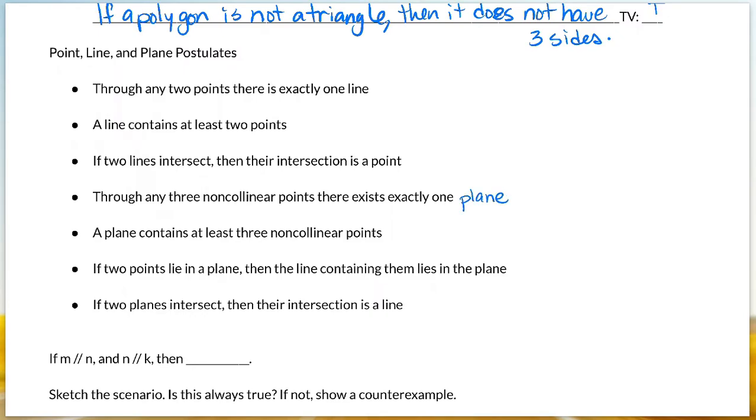A plane contains at least 3 non-collinear points. Of course, they have more, but at least 3 and non-collinear, and that's how it's sort of defined. If 2 points lie in a plane, then the line containing them lies in the plane. And if 2 planes intersect, then their intersection is a line.